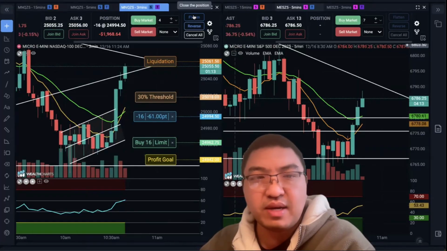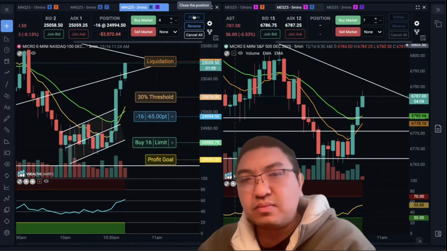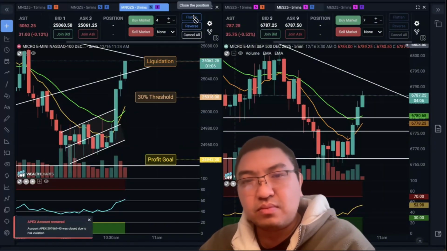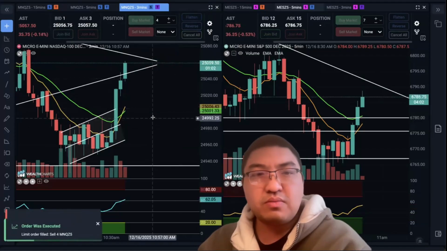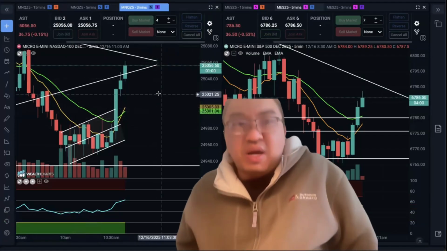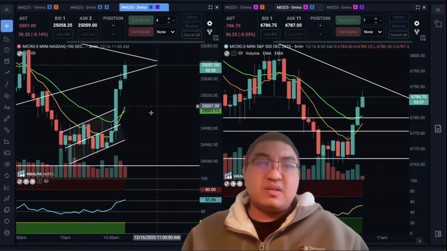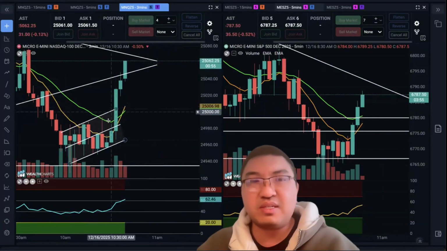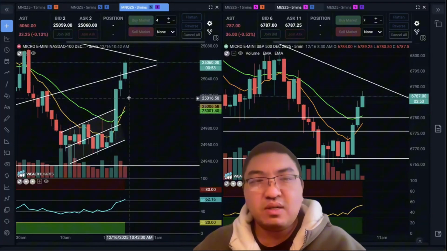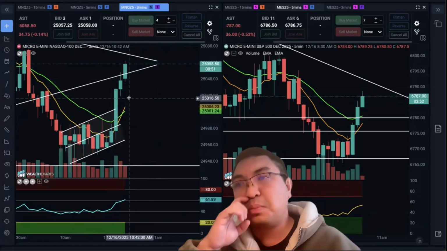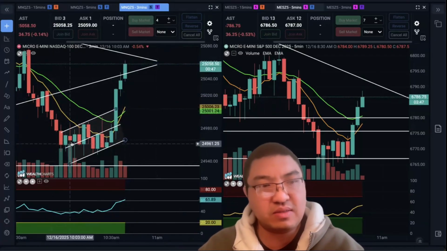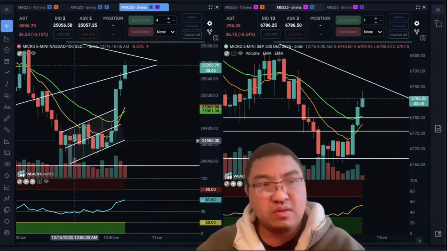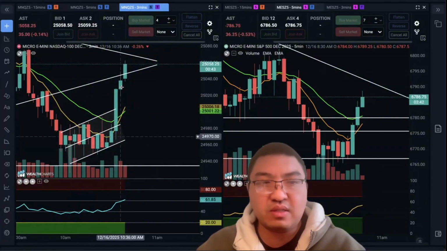I'm going to blow my account. Oh, I was just trying to leave the trade and got impacted by the strong momentum. How soon? There is a sudden momentum.